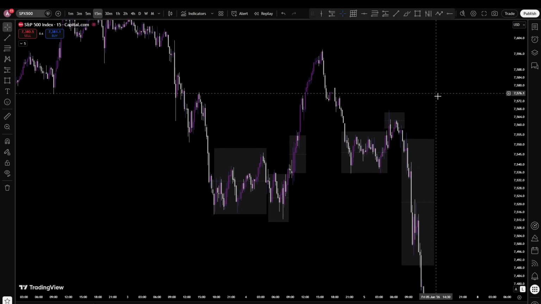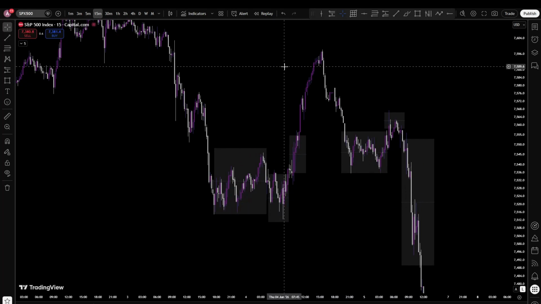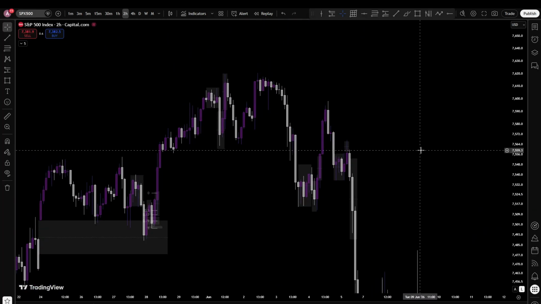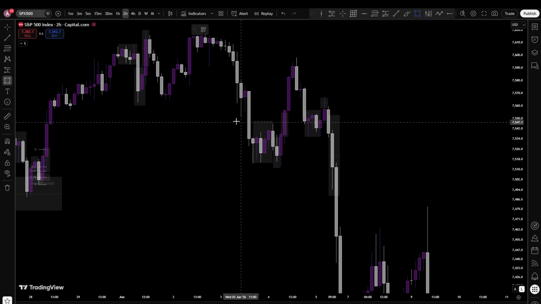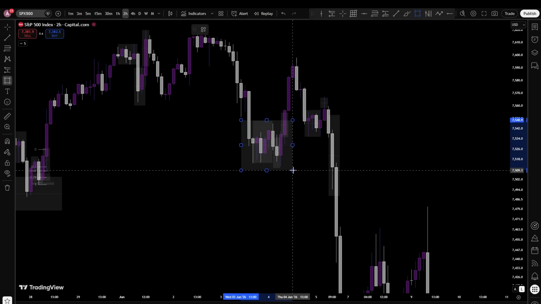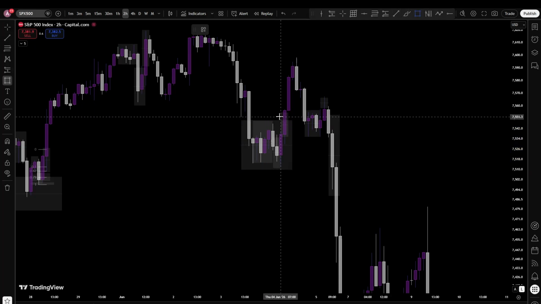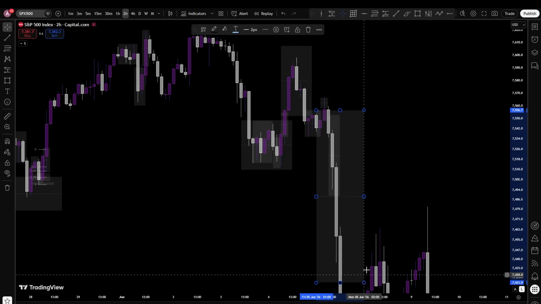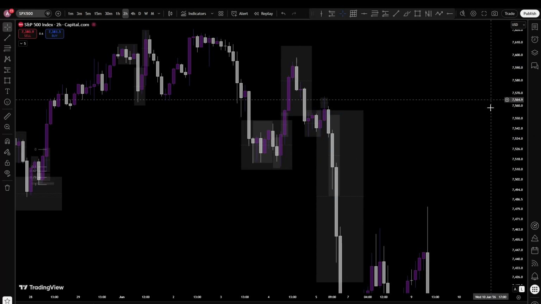If you get now on the higher time frame, which is 2 hour, we'll see that this was some accumulation, some range of price. After that we got the manipulation, and after that the distribution phase, which is really nicely done.